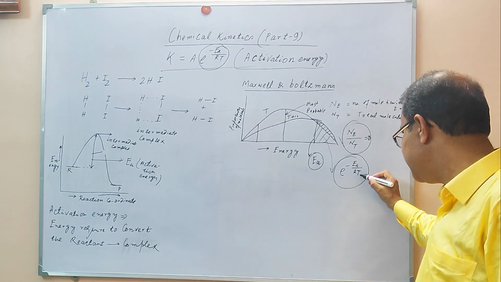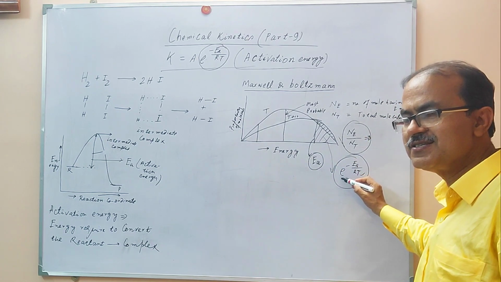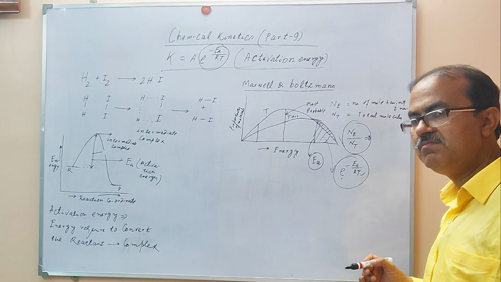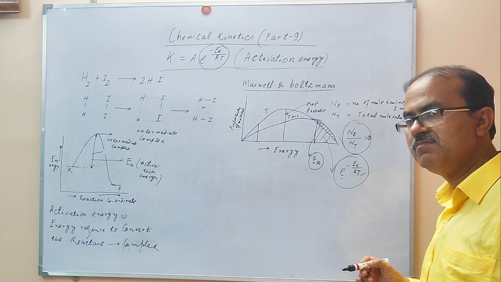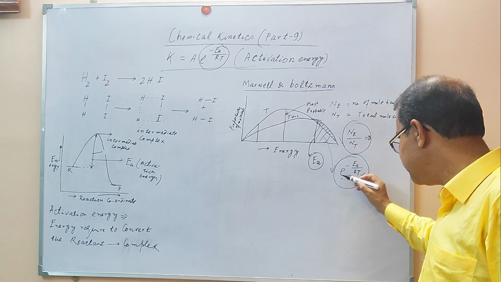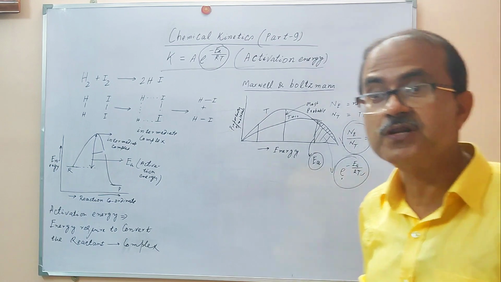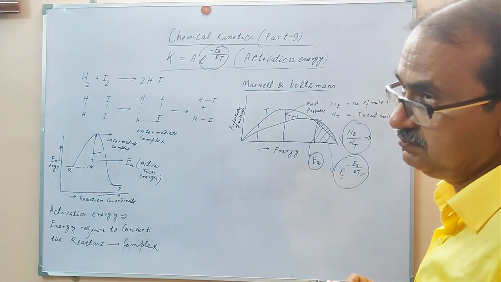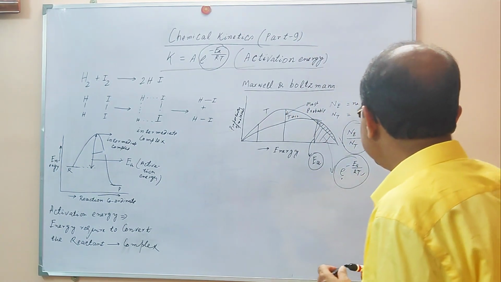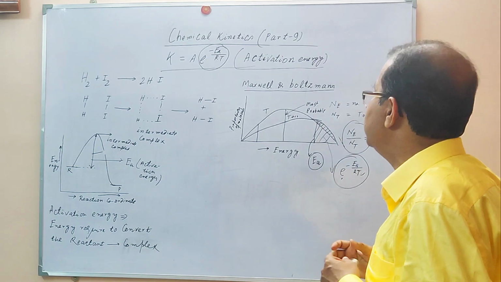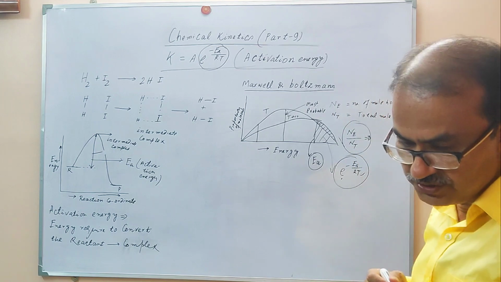When temperature is increased, this will decrease, and there will be a higher proportion of the molecules. Okay, I think that is correct. You can understand how the activation energy influences the rate.